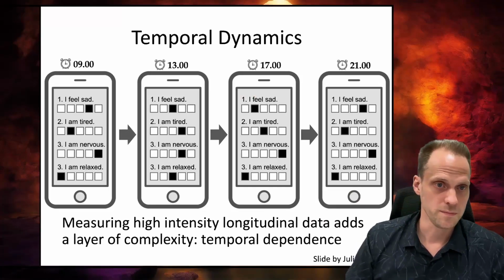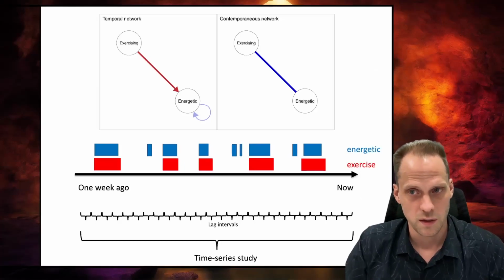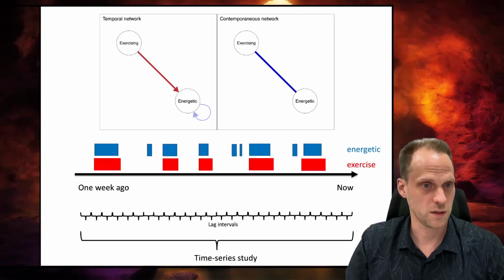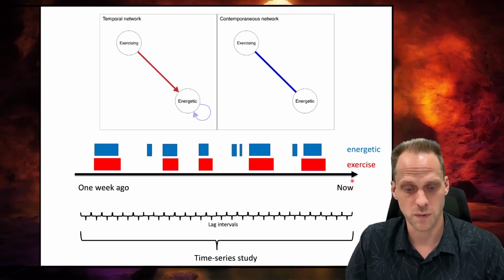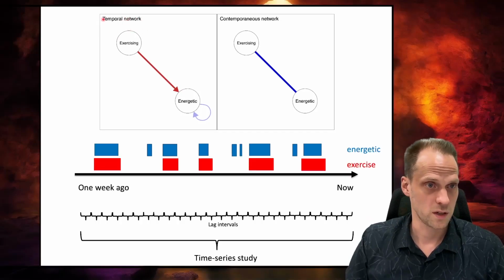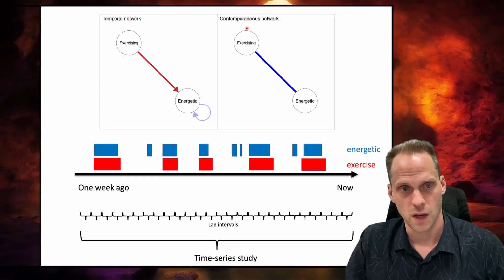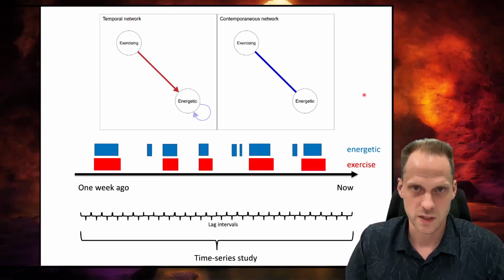Now, it could be that we, again, find something different between these two models. So, as I said before, using time series data, we can separate temporal networks from contemporaneous networks. And we might find different effects there.